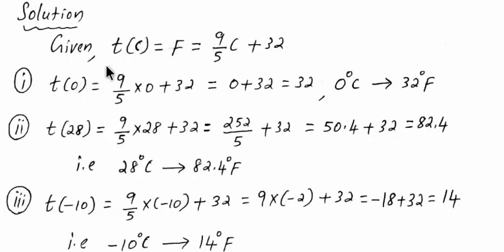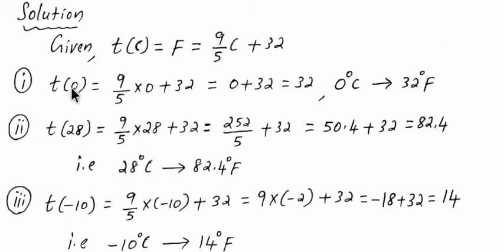Write 9 by 5 into 0 plus 32. Instead of C, 0. 9 by 5 into 0, any number into 0 is 0, plus 32. 0 plus 32 is 32.